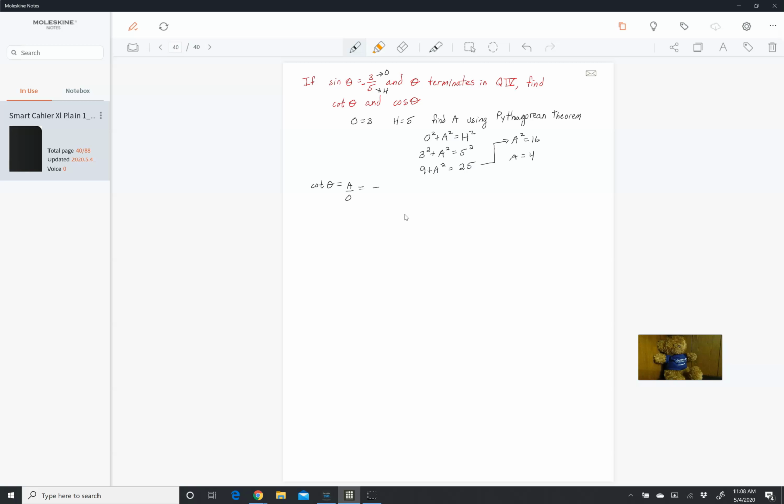So our cotangent is going to be negative 4 over 3. And we say it's negative, once again, because tangent is negative in quadrant 4.